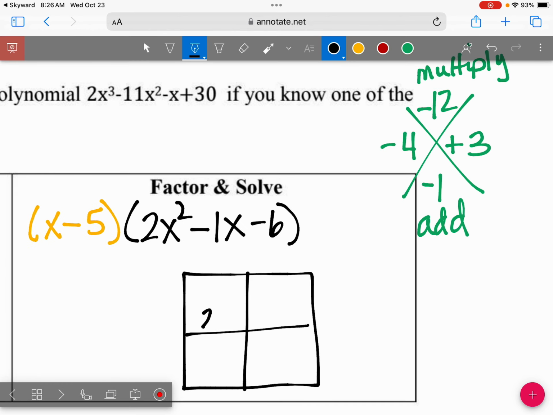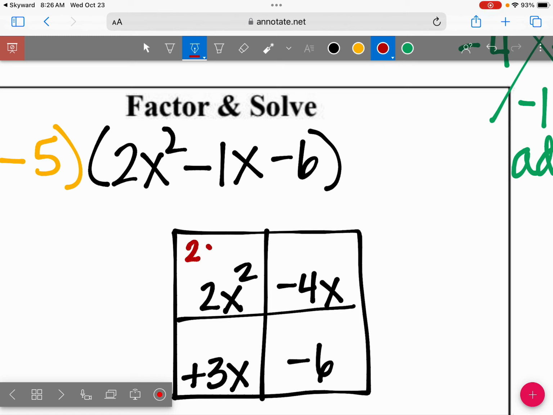The A goes here. The C will go here. And then we have our -4x and our +3x. So I know that this is 2x times x, 2x, 3 and an x, a 3 and a 2.